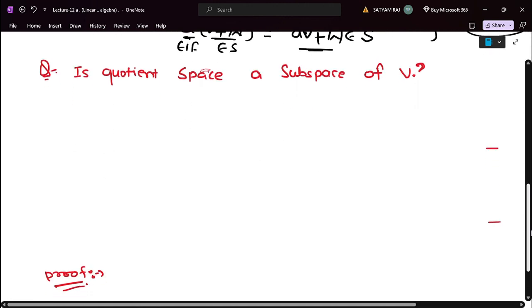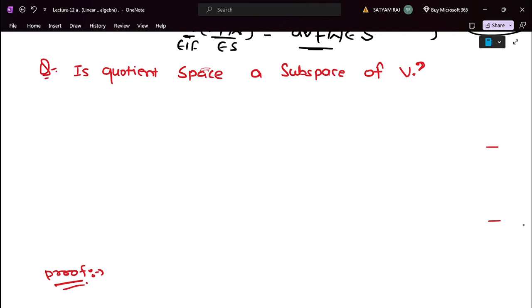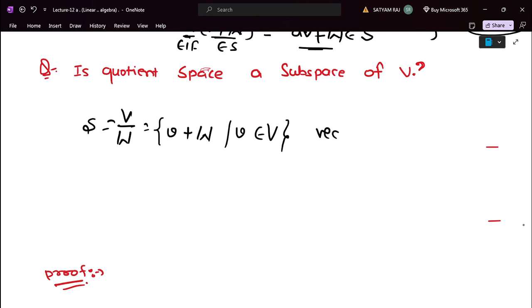Now, is the quotient space a subspace of V? If V by W means we can write S equal to v plus W, where v is from capital V, assume this is a vector space; we have not proved it yet, but we will prove it.